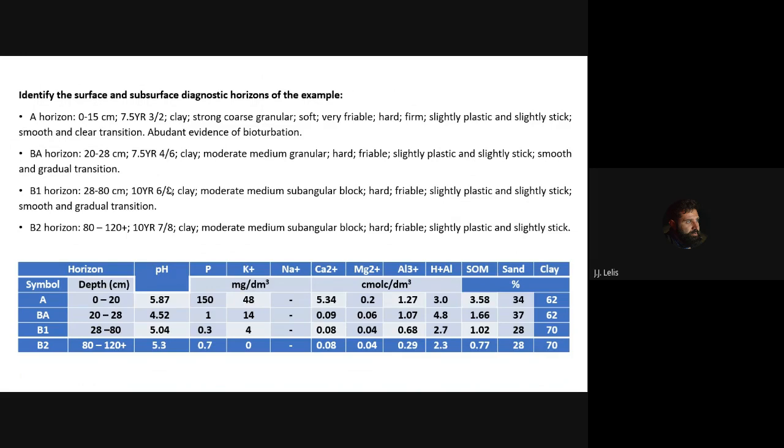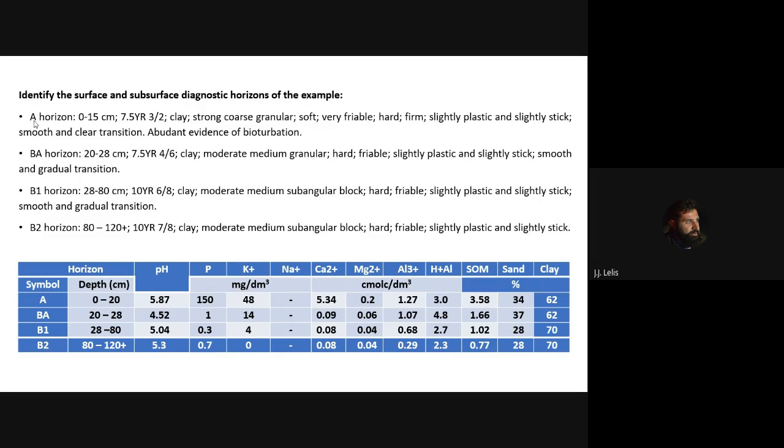The second exercise, I ask you all to classify the surface and subsurface diagnostic horizons. So let's check. The first horizon is an A horizon, so it's a mineral horizon.